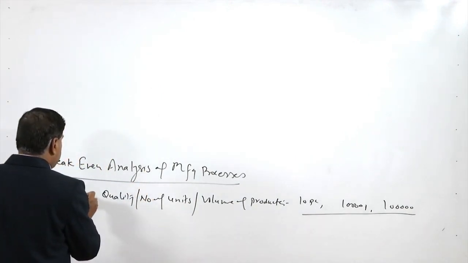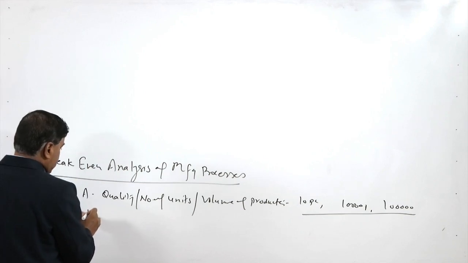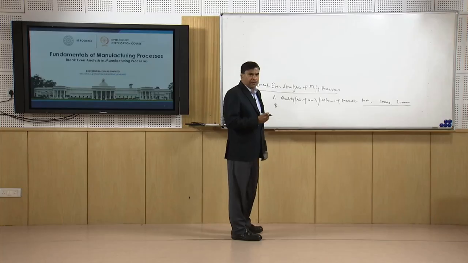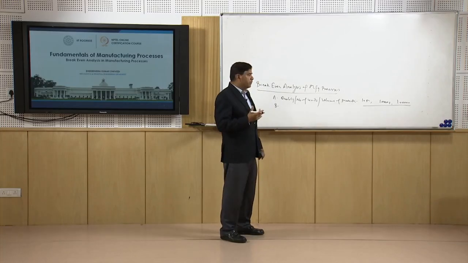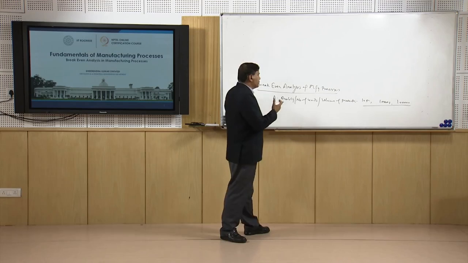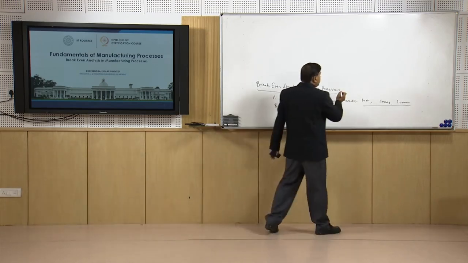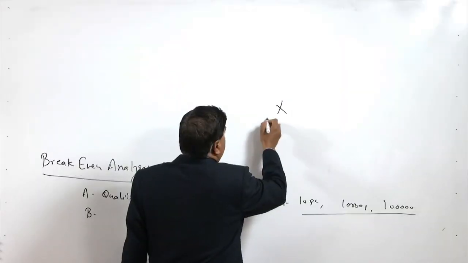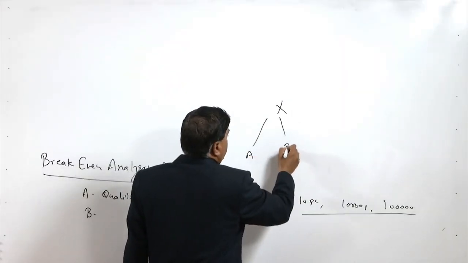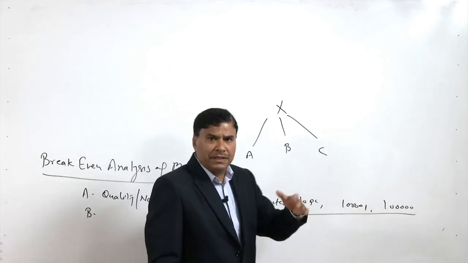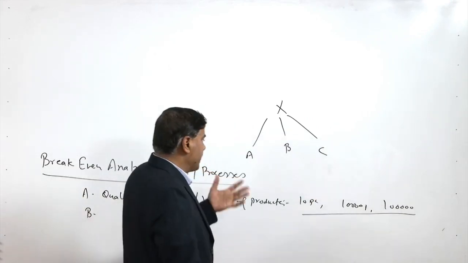Another thing which we need for this analysis is what equipment and what investment we have to make to manufacture the product using the different options. Like say, for making a product X, there are 3 options A, B and C. We may be using different equipment for making them.